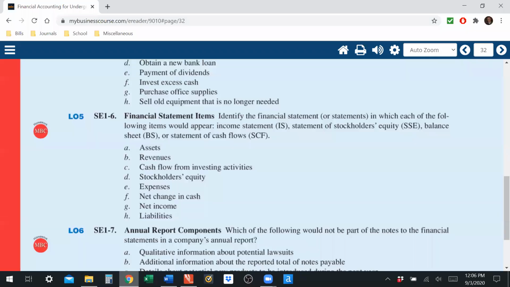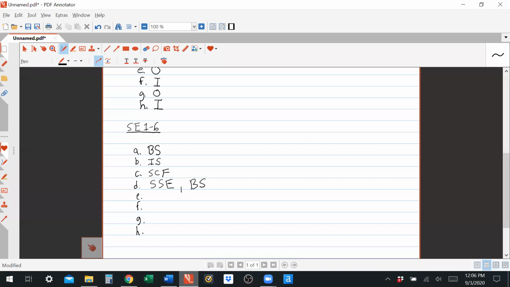All right, let's continue. Expenses, where would you find expenses? Which financial statement? Bradford says the balance sheet. Jared says the income statement. Jared's right, income statement. Expenses and revenues are on the income statement.